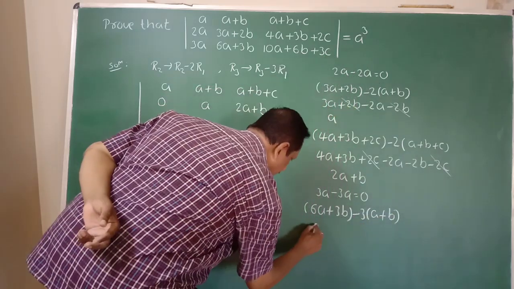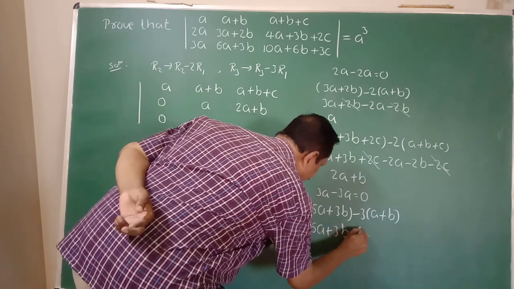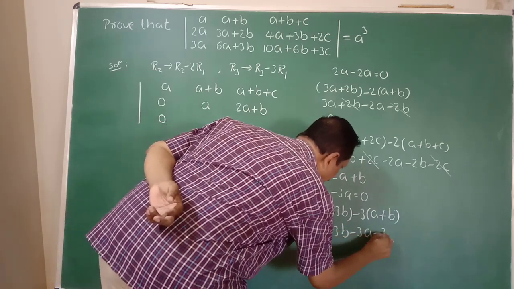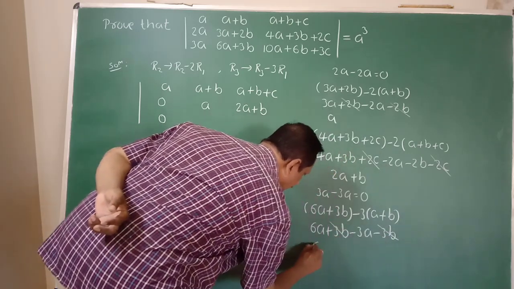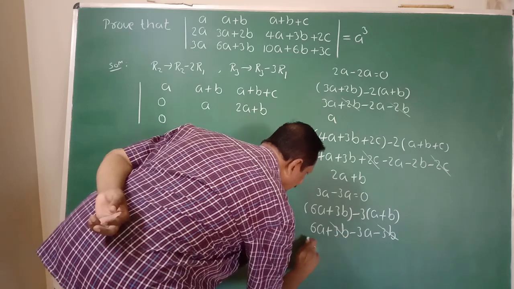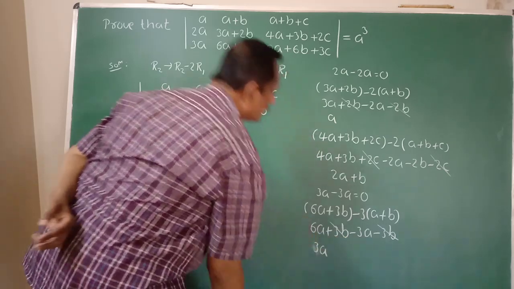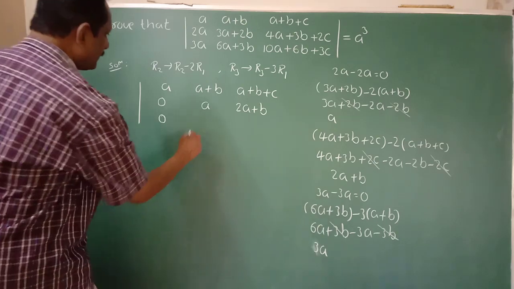Hence 6a plus 3b minus 3a minus 3b; 3b minus 3b cancels. 6a minus 3a is 3a.